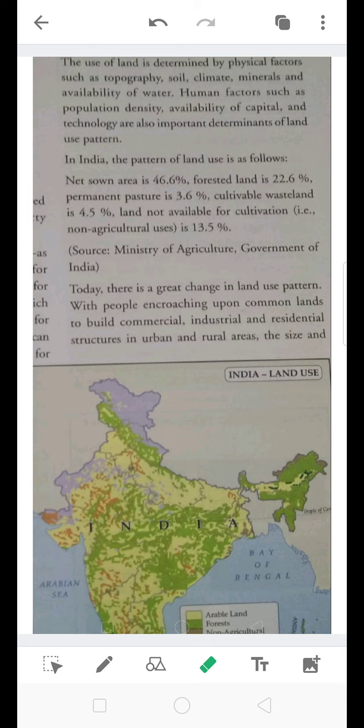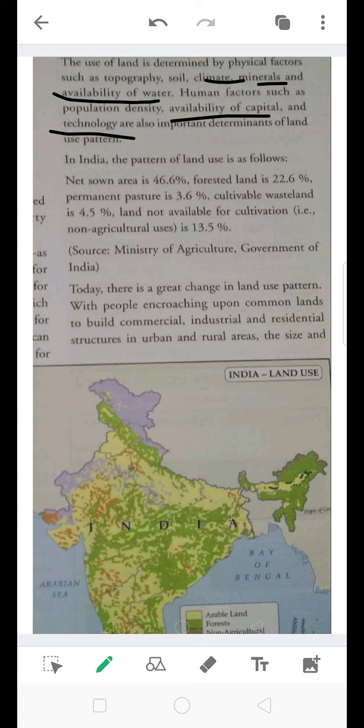Land can be used in different ways: for building a hotel, for building a school, for grazing cattle, but it depends on the soil, climate, minerals and availability of water. Whatever we are doing on the land, it depends on these. Human factors such as population density, availability of capital and technology are also important determinants of the use pattern.